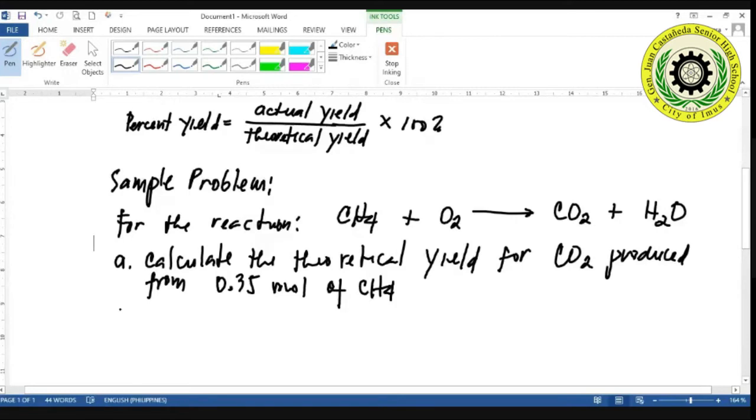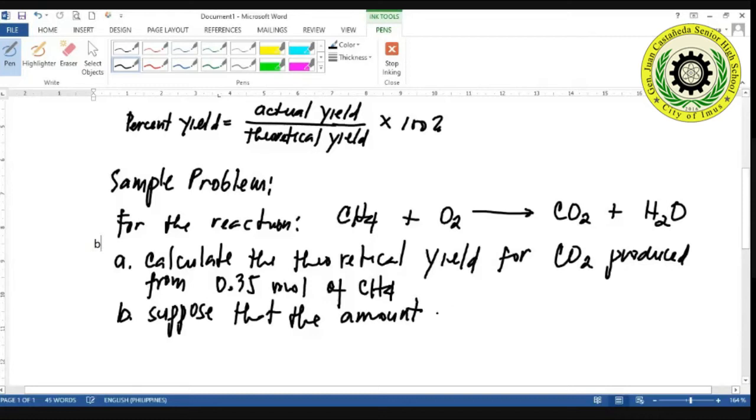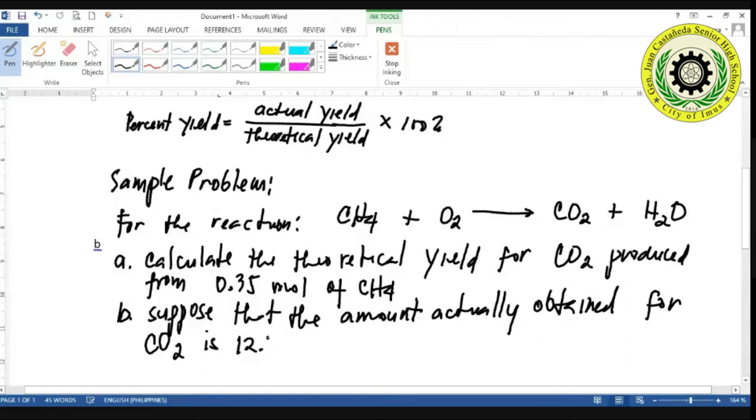Okay, so letter B, suppose that the amount actually obtained for carbon dioxide is 12.3 grams.